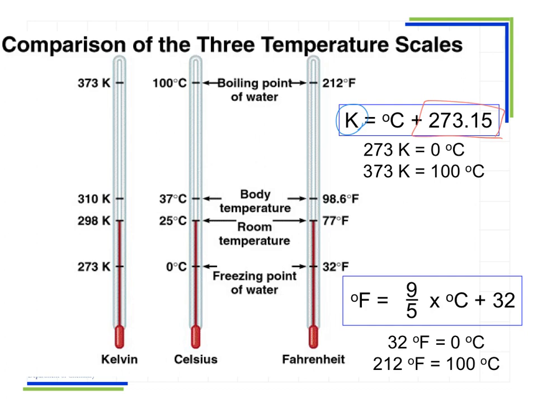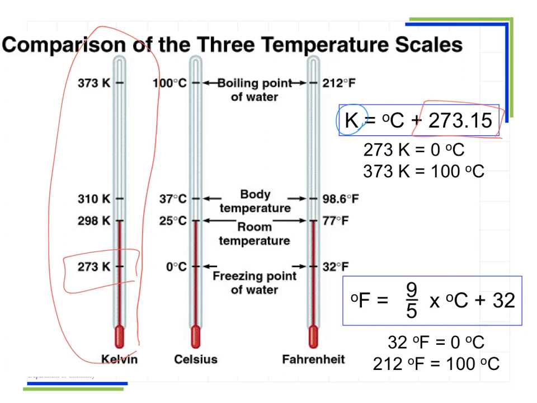As you can see here, 0 degrees Celsius, which is the freezing point of water, is 273 degrees Kelvin, and the boiling point of water is at 100 degrees, so it's 373. You just add 100 to that. So it's pretty simple for converting between Celsius and Kelvin.